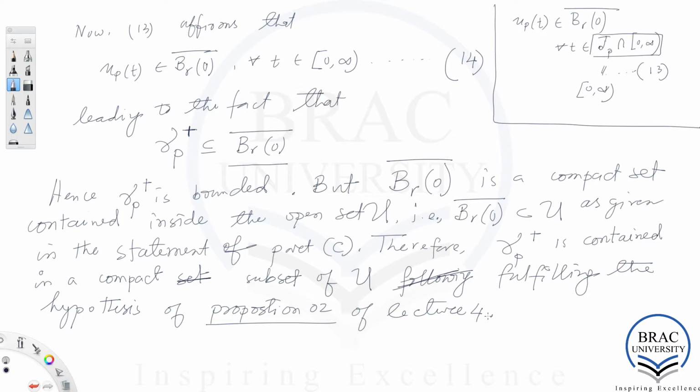It states that let theta from R cross U to U be a dynamical system on U, an open subset of R^n, and p is in U. If gamma_p^+ lies in a compact subset of U, then omega of gamma_p, meaning the omega limit set of the orbit of p, is non-empty, compact and connected. So this is what we are going to use here now.